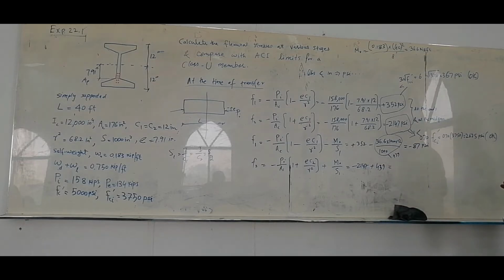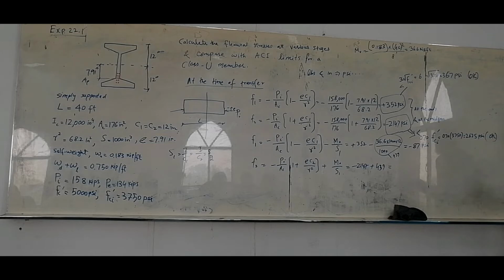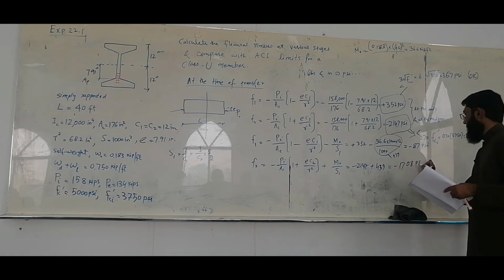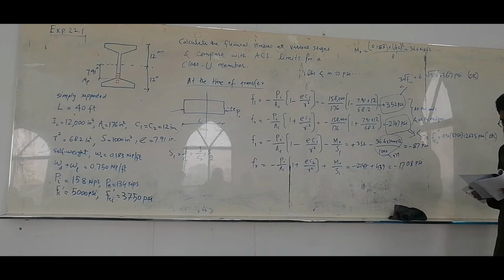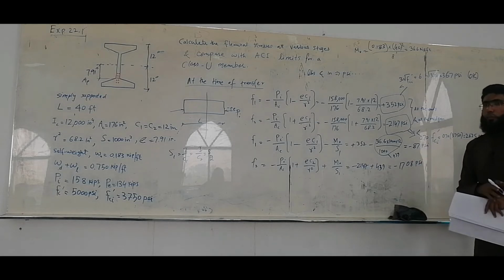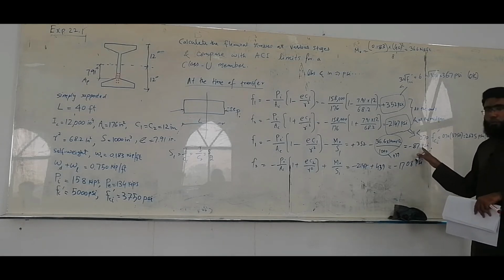So what is the answer now? Minus 1708 psi. Please, somebody else also check the answers. So this is compressive and this is also compressive. It's a bigger compression and this is a smaller compression.